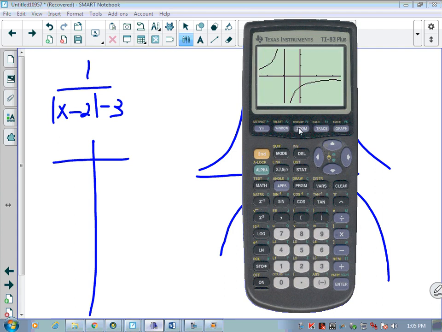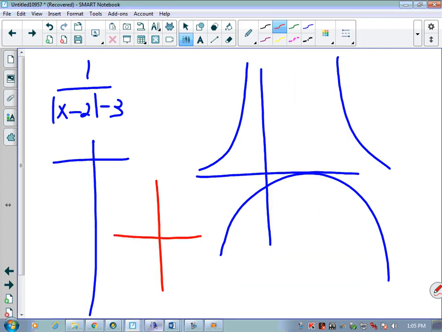I'm going to zoom so you can see the whole thing. Go to zoom standard. In older calculators, you actually see the asymptote, which is a vertical line, but we won't see that on our graph. If you end up doing this wrong, I'll tell you what it's typically going to look like.